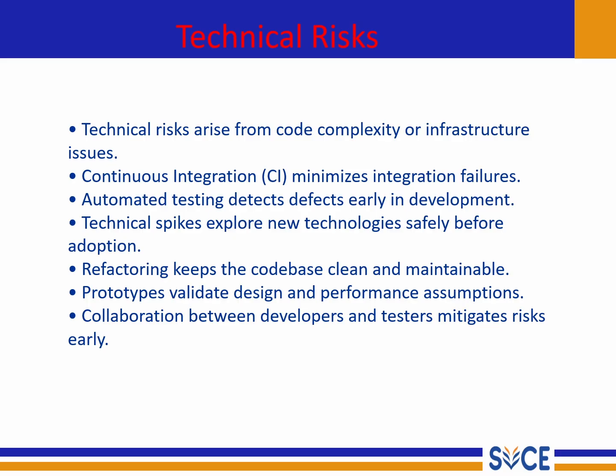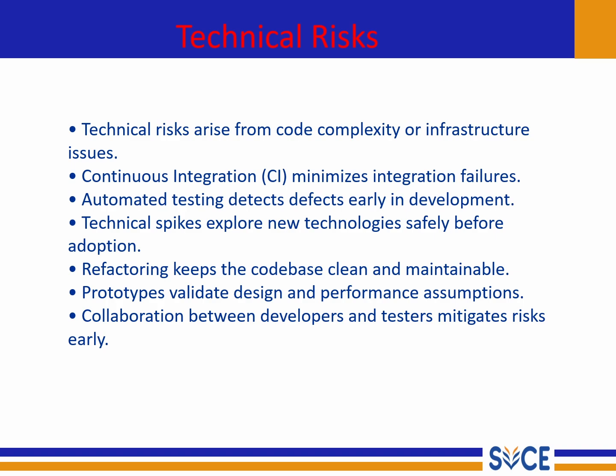Technical spikes explore new technologies safely before adoption. Refactoring keeps the code base clean and maintainable. Prototypes validate the design and performance assumptions. The collaboration between developers and testers mitigates the risk early.